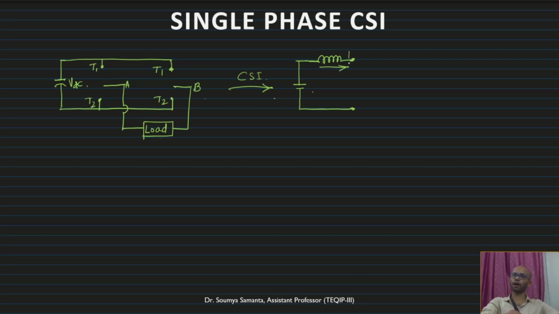This whole part of the circuit will behave as a current source. This is a fairly high value of inductor. Suppose this is the variable DC voltage. So this part is called the current source.